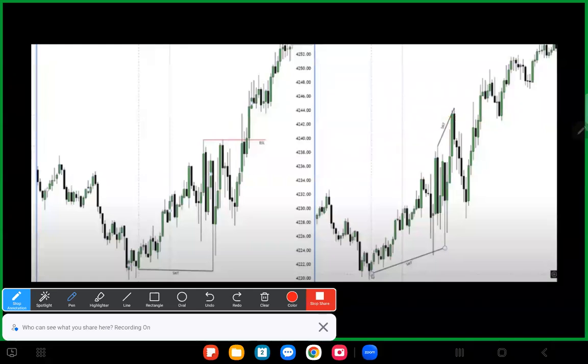And just to quickly recap, when you have directly correlated asset classes, you anticipate them to move in sync. If they're moving higher, you anticipate them to have higher highs and higher lows. And if they're moving lower, you anticipate them to have lower lows and lower highs. That's for the directly correlated asset classes.